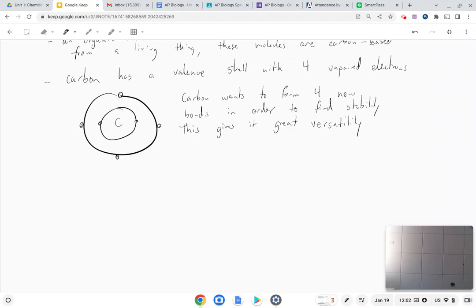So, for example, you could have a carbon atom right here that joins up with 4 hydrogens. So you got a hydrogen here. This hydrogen is going to join up here. This hydrogen is going to join in here. And then this hydrogen will come in and join here.